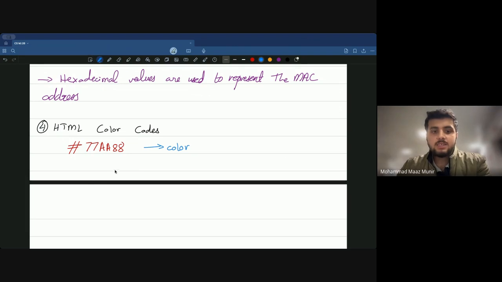So all these colors have a lot of shades, and to represent all of them and to tell the computer that we are representing a specific color, what computer programmers did was come up with the concept of color codes. So when writing HTML programming language, or if you're using some graphic designing tool, the color codes, which are like 778888, are also written in hexadecimal. So you should be fully aware.